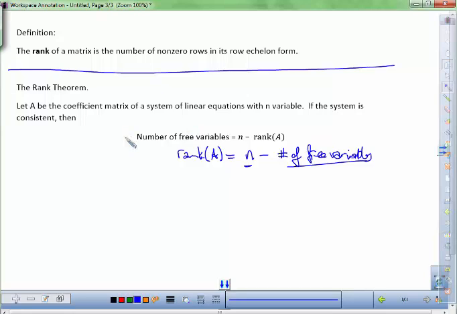Or the way they have it written, if you do a row reduction, you can anticipate the number of free variables that you should have based on the rank and the number of original variables you have.